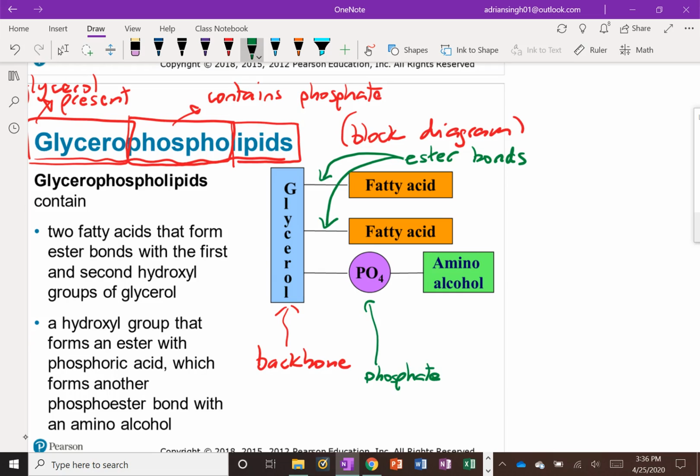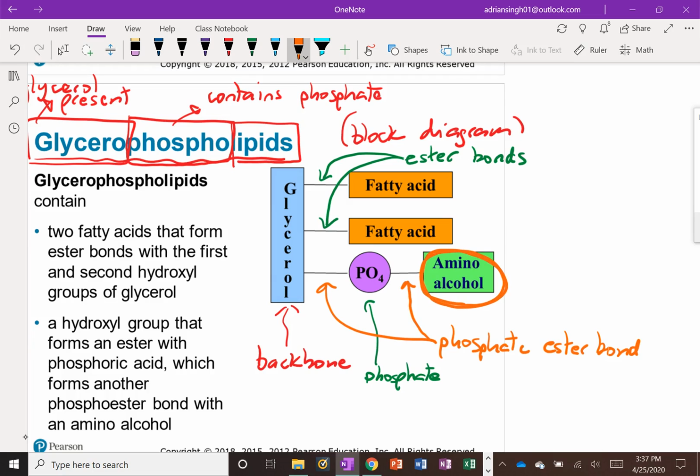And that is attached to the glycerol backbone by a different type of an ester called a phosphate ester. And there's also a phosphate ester bond on the other side of it right here that attaches it to another part of the molecule known as an amino alcohol. All right, and then this name also tells you what it's composed of.